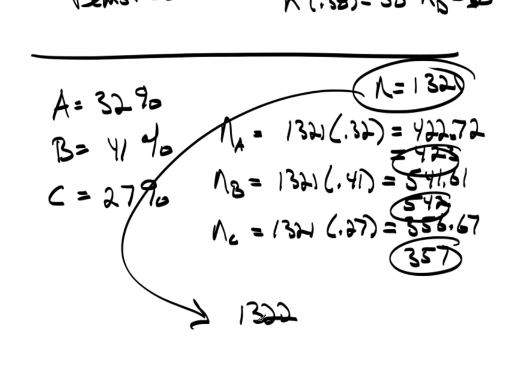Well, you need one fewer than you've got. Here's the deal. Either you can add one more to your sample size and make it 1,322, or if you have to stay with 1,321, go to the biggest group, which was group B, and rather than 542, I would take 541. The reason being, taking one away from the biggest group has a smaller impact than taking one away from a smaller group.